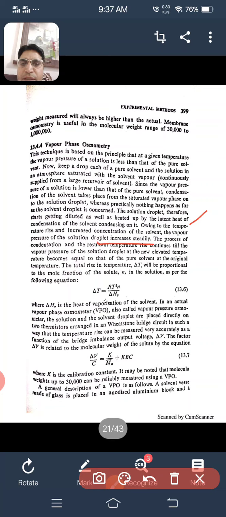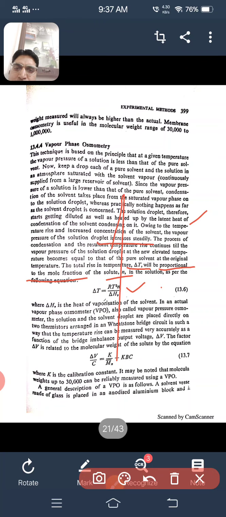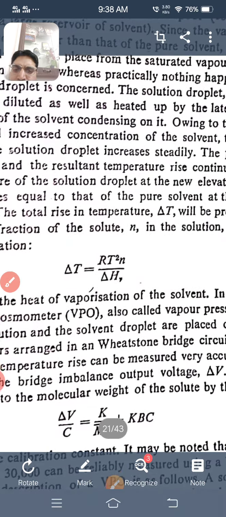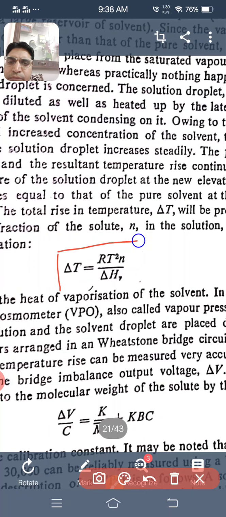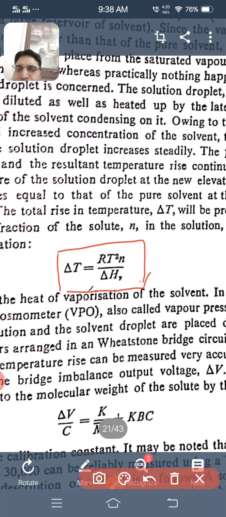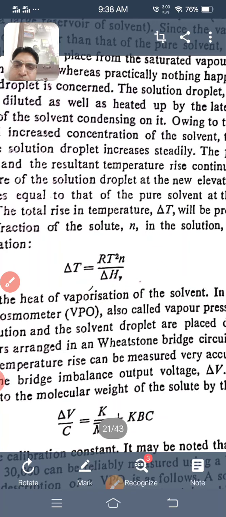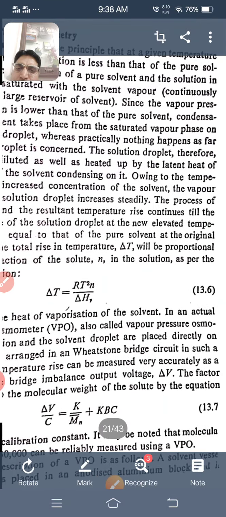The total rise in temperature delta T will be proportional to the mole fraction of the solute n in the solution as per the following equation: delta T equals RT square n upon delta H. This is the equation.